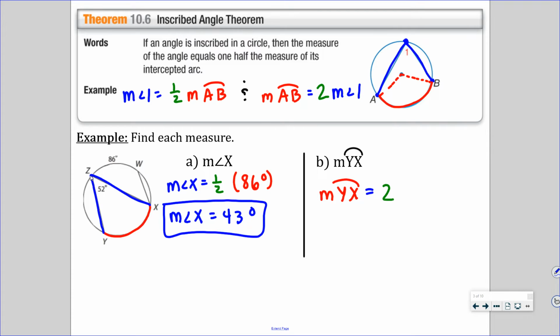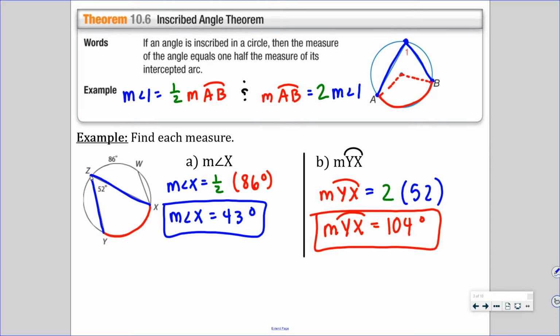So 2 times 52, 104. Make sure you put degrees. Okay. All right, that's one of our theorems.